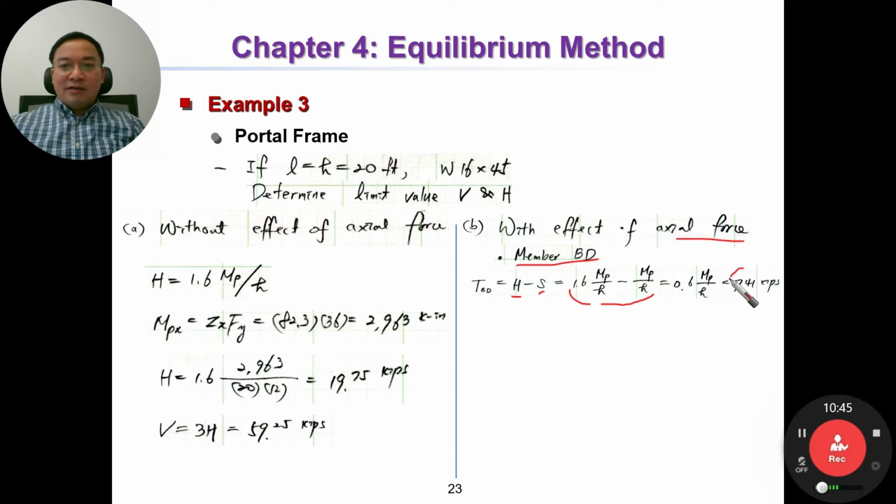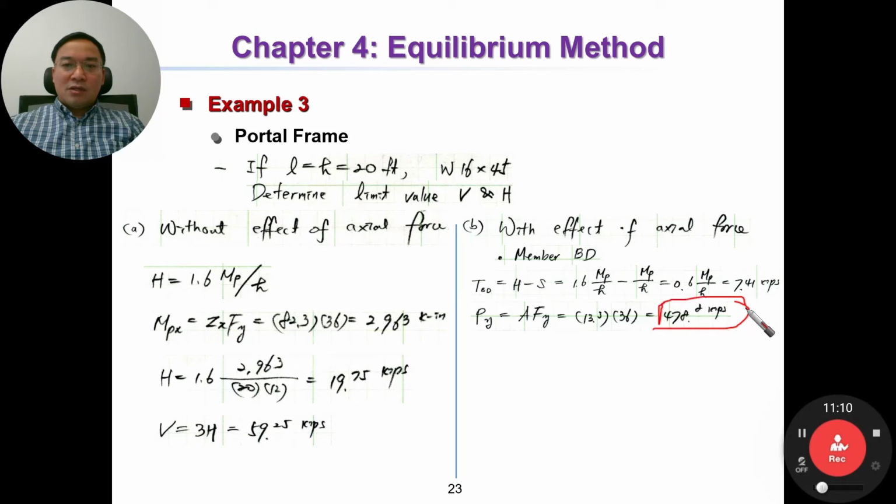Then we have the axial force, it is tension, okay, inside BD. And we have Py equal to A multiplied by Fy equal to this one, okay, equal to this one.